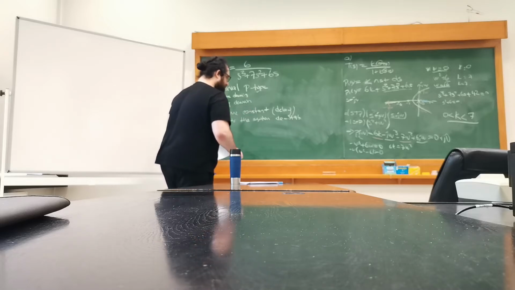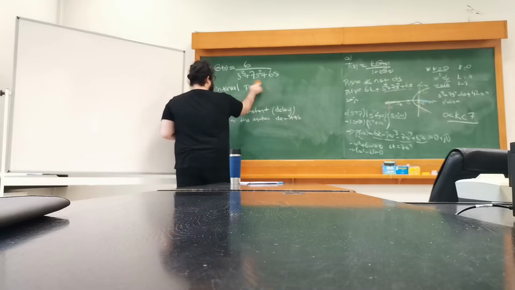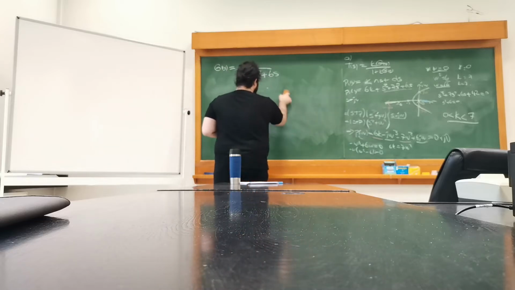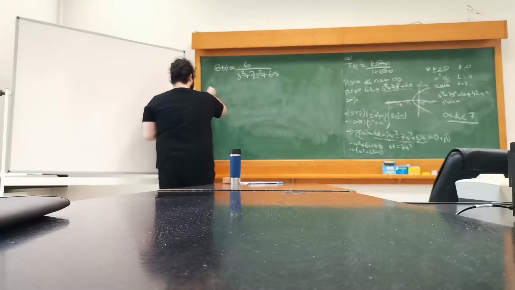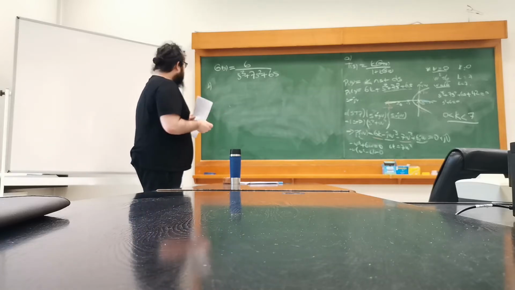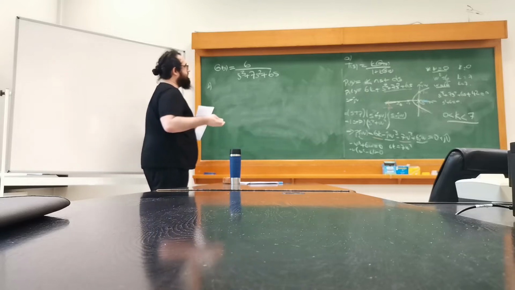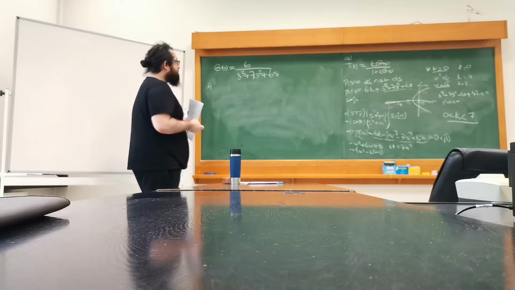So for the B part, what do we have here? We have the system itself, and normally you need the Bode diagram in order to use the frequency method, but it's not really necessary if you have the transfer function itself.